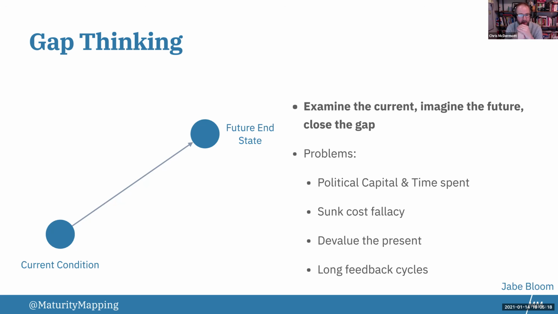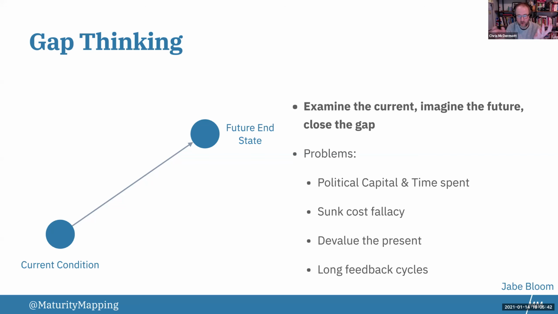By examining a current condition and then looking ahead, what we often tend to do is devalue our current condition and not think about what those capabilities are, what those needs are that exist in our current condition, and how best to use, evaluate, and improve. We devalue the constraints that they provide for us in the present.